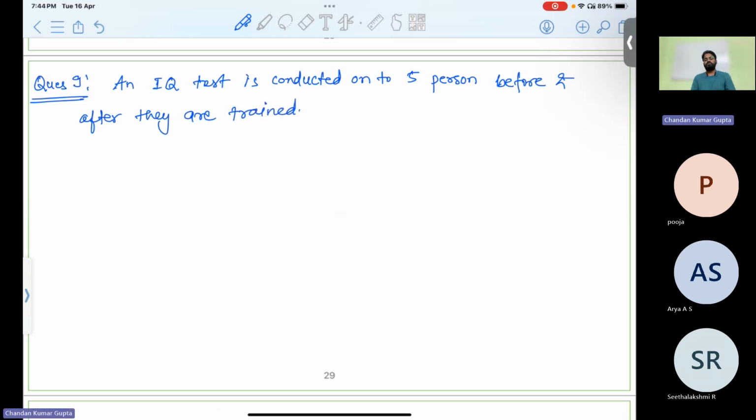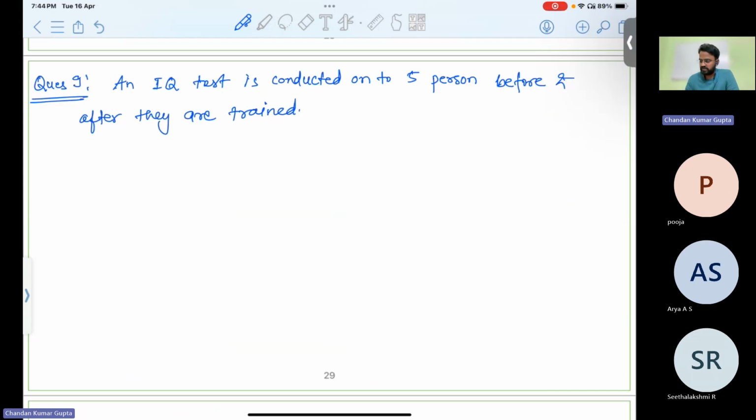That is, we first evaluate the IQ of those 5, and then after a certain amount of training, we again calculate the IQ of those 5. Okay, and we have a data.